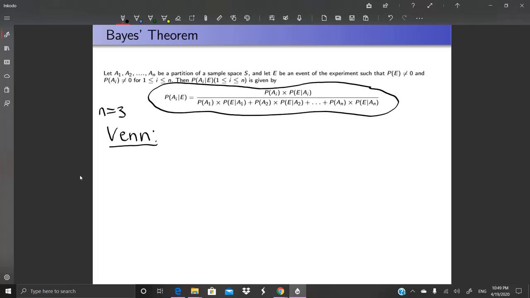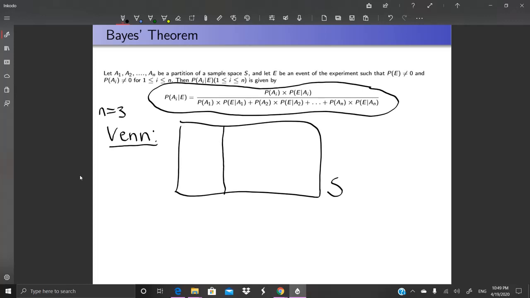So the Venn diagram way of doing this: here it is. We have our entire sample space S, and we partition it, subdividing it into these 3 parts because n equals 3. So this will be A1, A2, A3, and then our event E is going to be something like this.